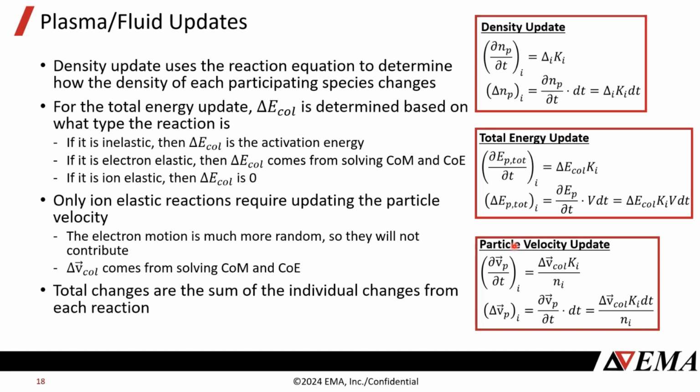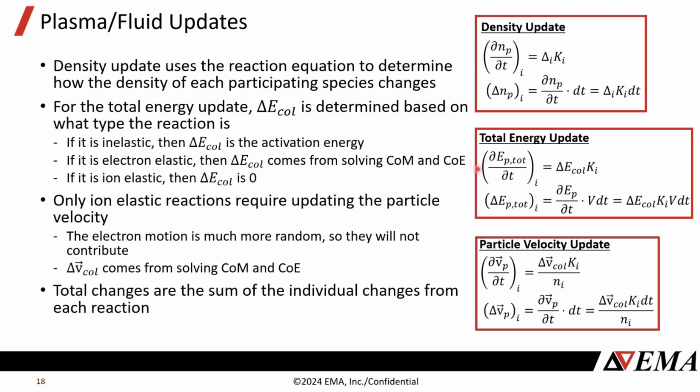So if we wanted to get the total change in density, we would have this quantity for every single reaction, and we could sum them all together to get our total rate of change of density.